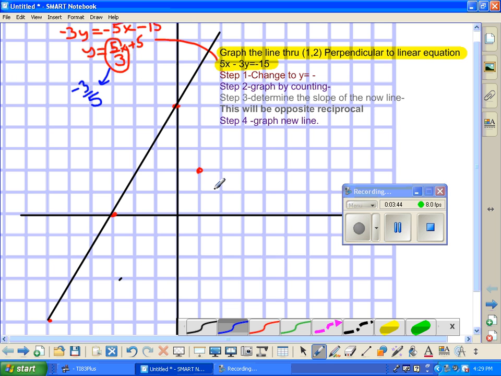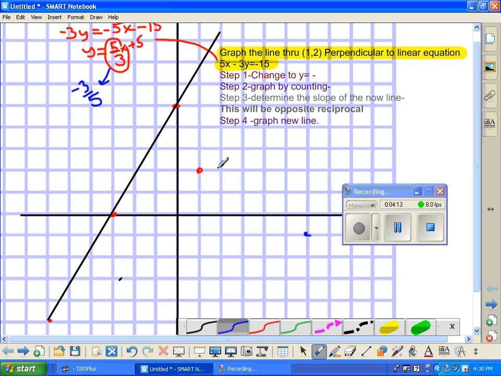We will continue by starting at this point and graphing this slope. If we go down 3, 1, 2, 3, we're going in the negative direction, so we need to move in the positive direction, 1, 2, 3, 4, 5. One direction is negative, the other one is positive.